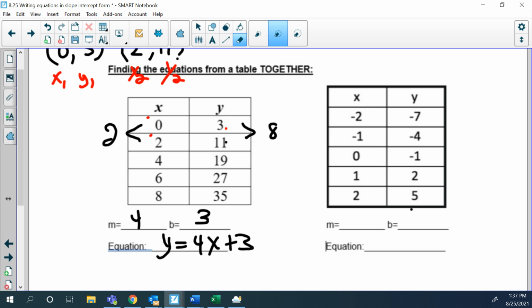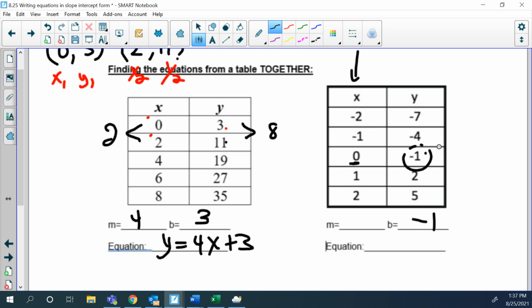Okay, welcome back. So let's find my y-intercept. Remember, to find the y-intercept, that's where x equals 0. So I'm going to come down the x column, and wherever I see 0, my corresponding y value is going to be my y-intercept, negative 1. Okay, so let's find the equation. Let's find my slope now. Again, I'm going to pick 2 points.